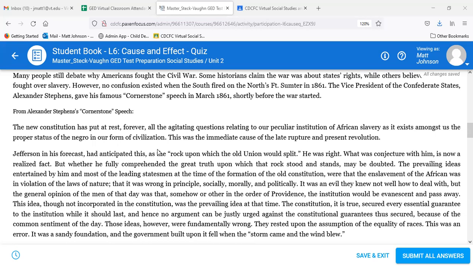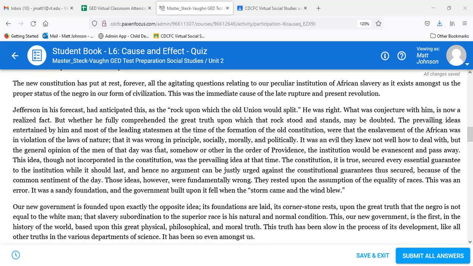Jefferson, in his forecast, has anticipated this as the rock upon which the old Union would split. He was right.